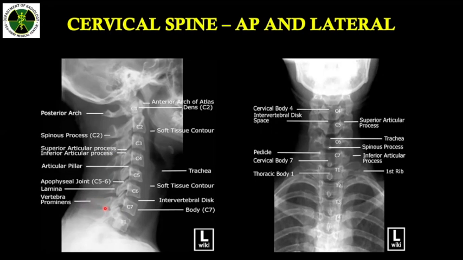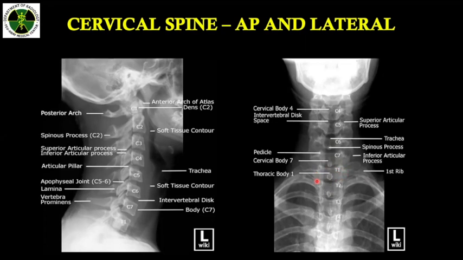For the frontal view, since C1 starts with the first rib, above it is C7, then C6, C5, C4, and then other vertebrae are obscured. So here we can identify the spinous processes at the midline and the pedicles that appear to be the eyes of an owl.